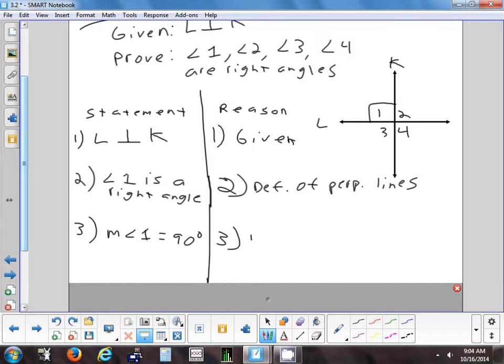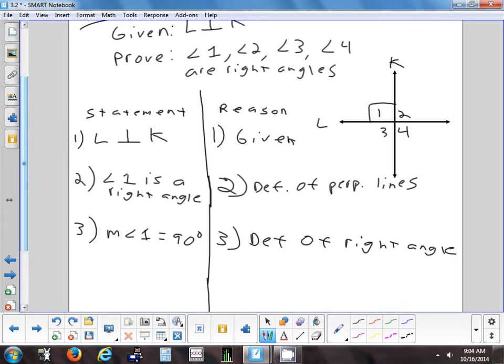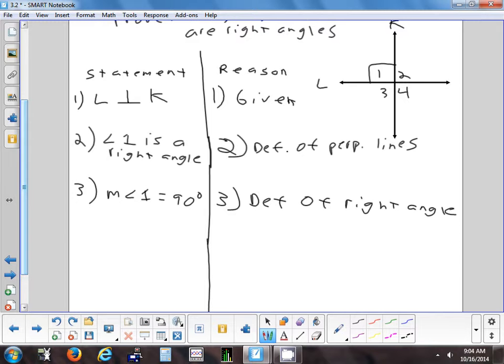That's the definition of a right angle. Okay, next step. I'm going to say that the measure of angle 4 equals 90. What's my reason for that? Let's see, 1 and 4 aren't adjacent. No, vertical. They're vertical. Okay, good.